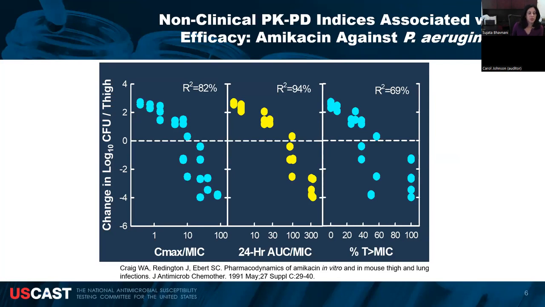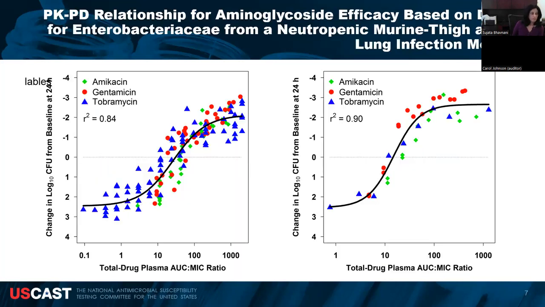As we understand with concentration-dependent drugs, for which AUC to MIC ratio and peak to MIC describe the PK/PD, those were the two measures that were most predictive of efficacy. Then taking this a step further, for the pathogens of interest, what is the magnitude of the AUC to MIC ratio associated with the various endpoints that we care about: stasis, 1 log, 2 logs.